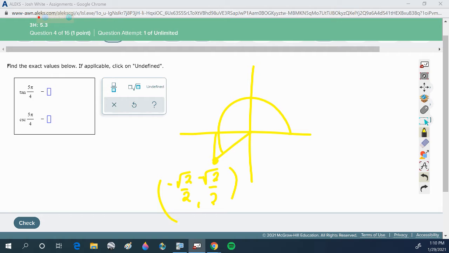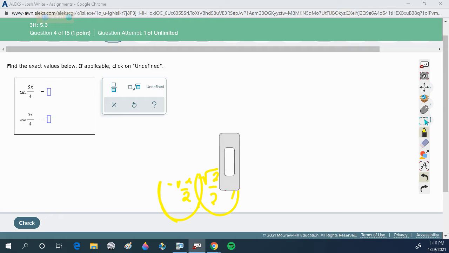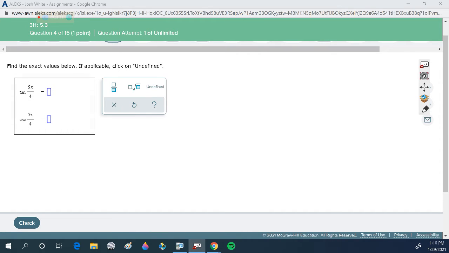The tangent is always y divided by x. So what is y divided by x? What is negative root 2 over 2 divided by negative root 2 over 2? It's just 1. Okay, but let me pull up a unit circle.